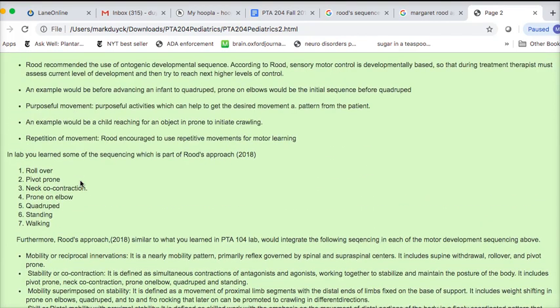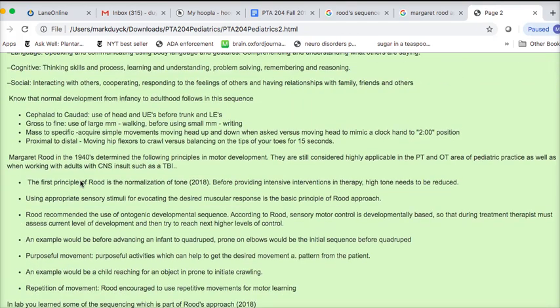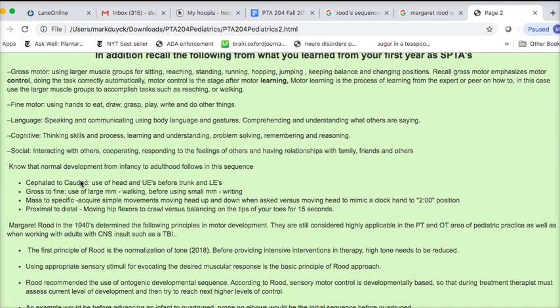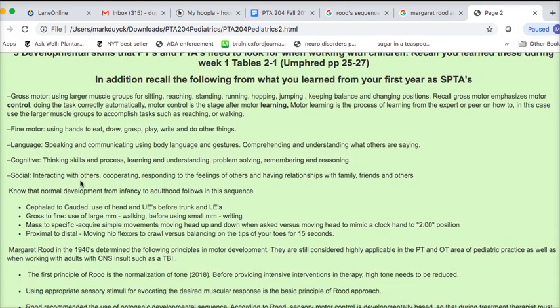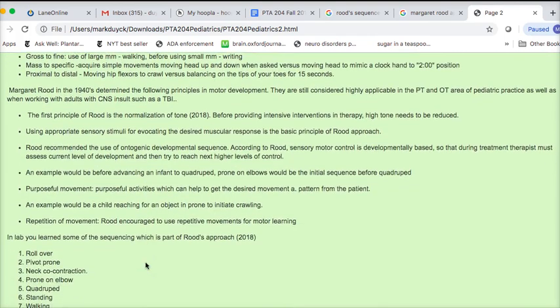A person way ahead of her time, going back to the 1940s. But when you see Rood sequencing, this will be your reference point to help you build on her approach and to utilize her approach when you're working with children, and really working with adults too, with central nervous system insult, as well as looking at orthopedics, right?